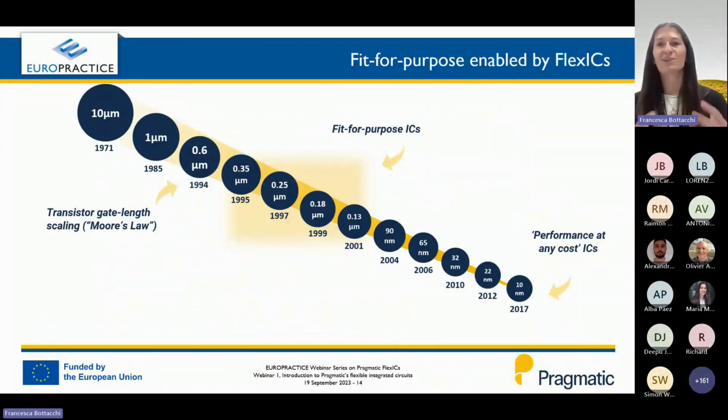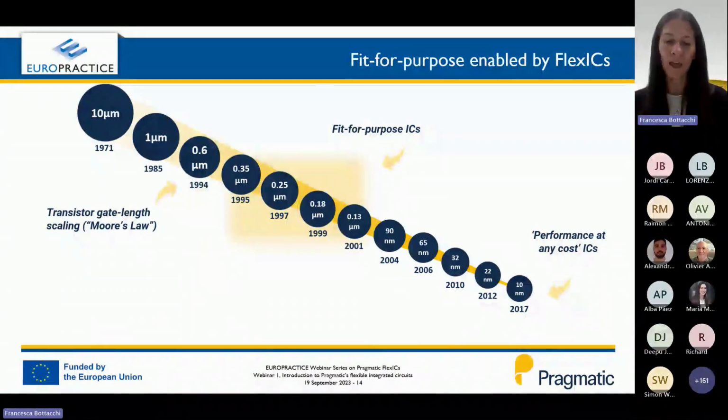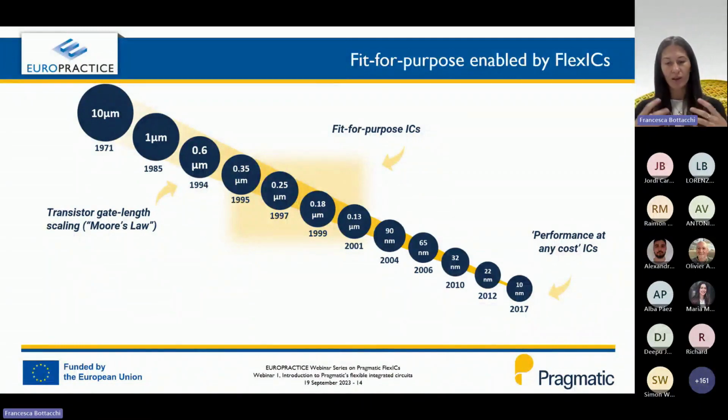Still talking about IC design, with FlexIC we are trying to enable a fit-for-purpose IC design approach. There is a need at the current moment to design fit-for-purpose ICs on legacy nodes, but the problem is that there's no capacity for it.